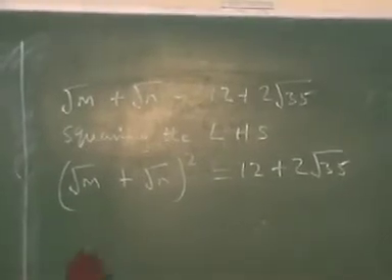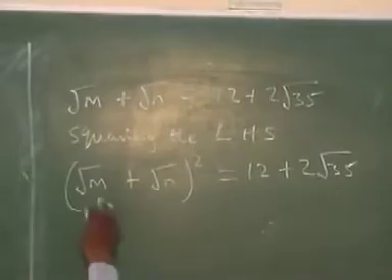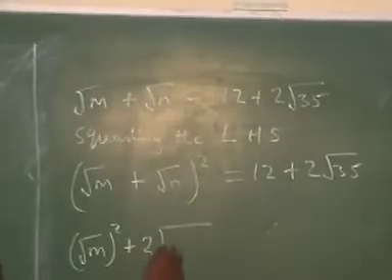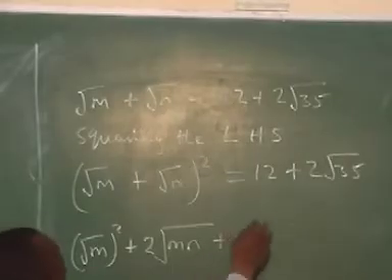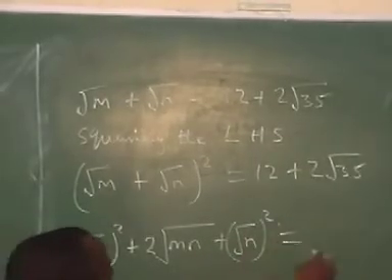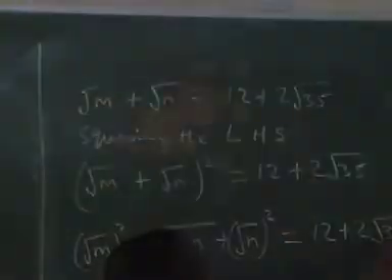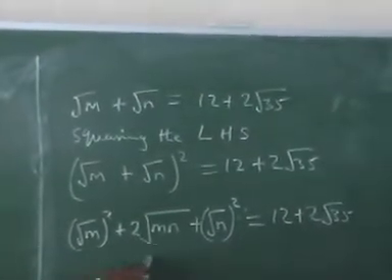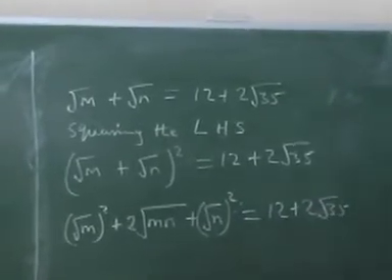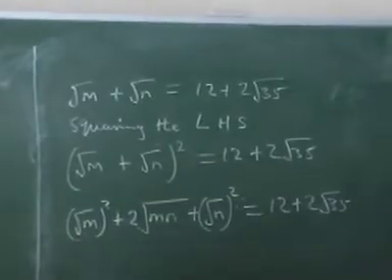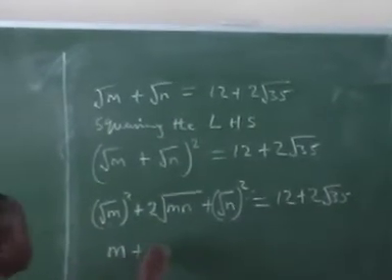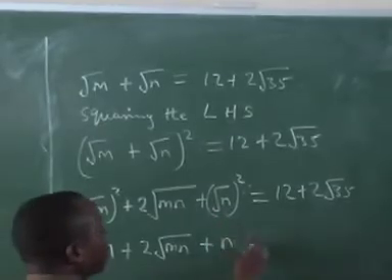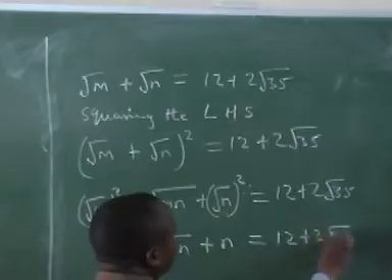So this one now becomes root m times root m, which is m, plus 2 root mn plus root n times root n, which is n, and it is equal to 12 plus 2 root 35.